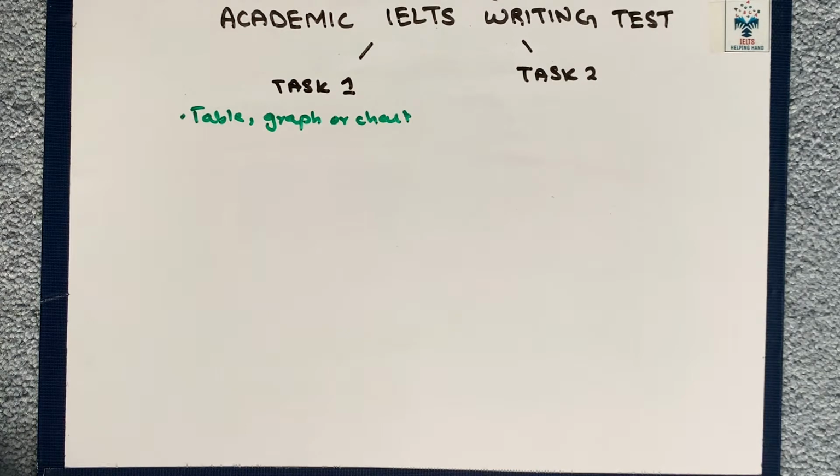You may be asked to describe the stages of a process or describe an object or event, or maybe to explain some data or how something works. The test taker should write in an academic or formal style and should not spend more than 20 minutes on this task.